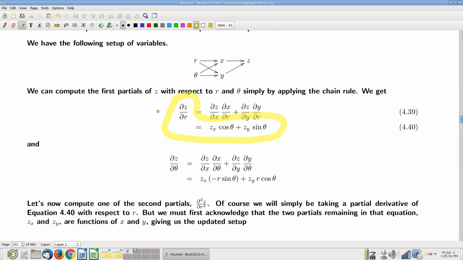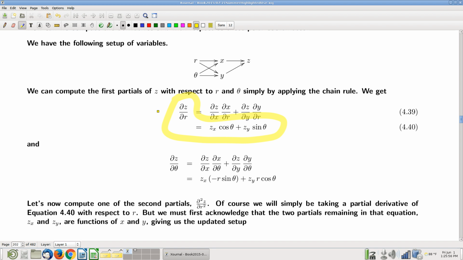So I'm going to be taking derivatives with respect to r of this stuff. Wait a minute. What is z_x? How is z_x a function of r? Where is it on my diagram? I don't see it on this diagram. We need to append this diagram to show how z_x fits in on this diagram. How does z_y fit in on that diagram?